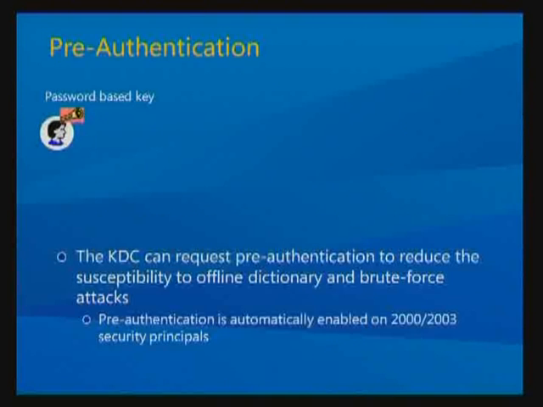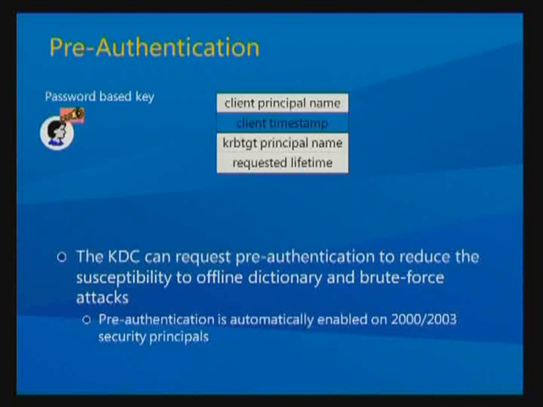So the normal way of working is to use pre-authentication. With pre-authentication, a component is encrypted with the user's key. You don't have to use pre-authentication. In the Kerberos protocol, it's quite okay not to. But the problem is, somebody could sit there with a client machine just generating requests, and the old KDC would be replying all the time.